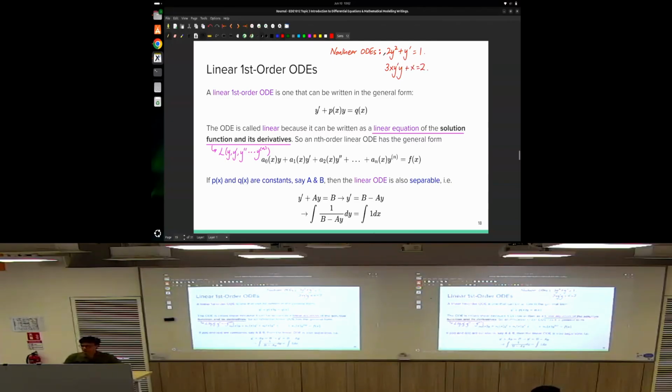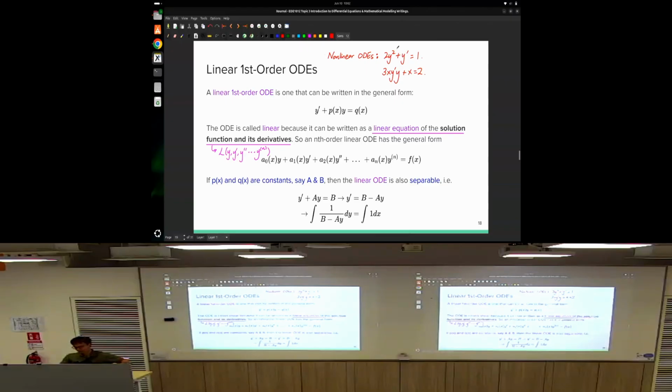So where is the non-linearity? It's the y prime times y. You cannot have such a term, because for a linear function the variables themselves must stand alone. You see the y prime all by itself. You don't have a square, or it's not multiplied by another term in y.